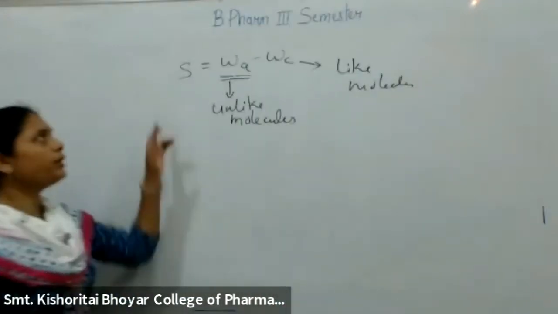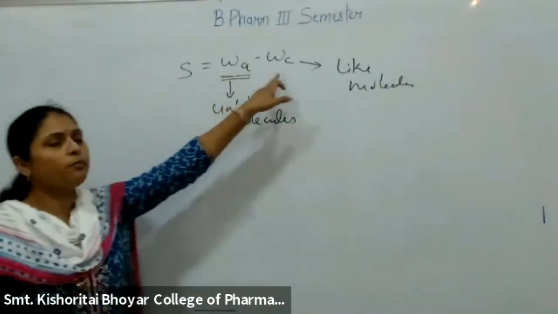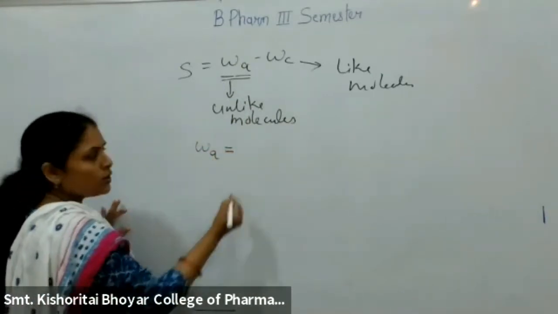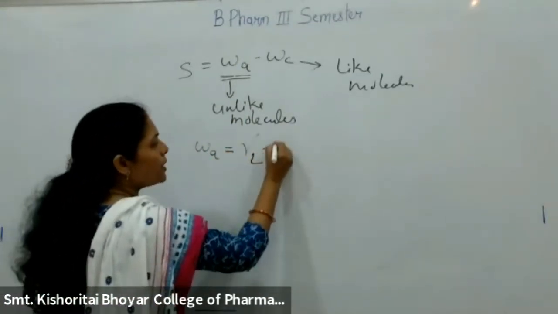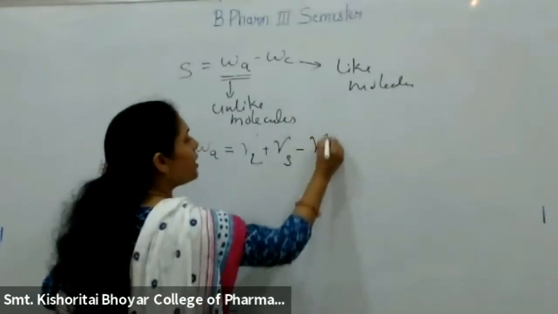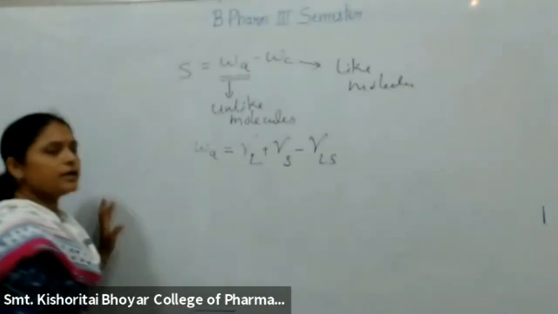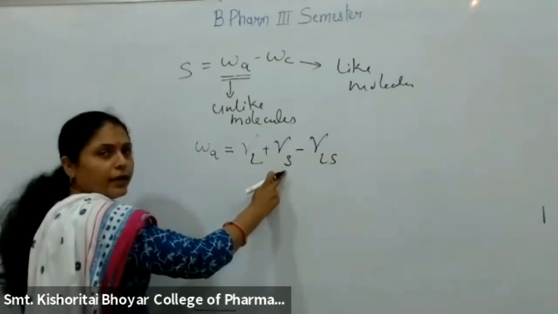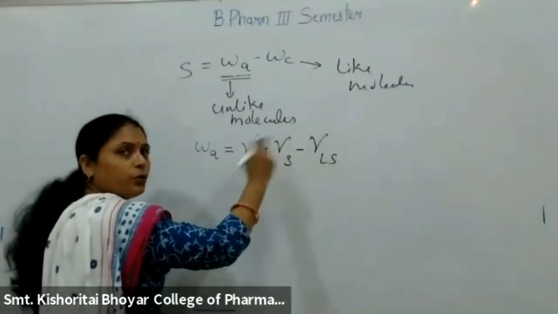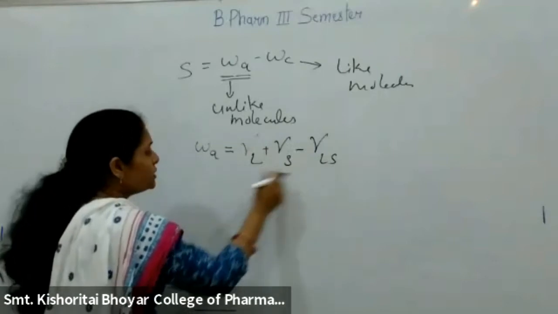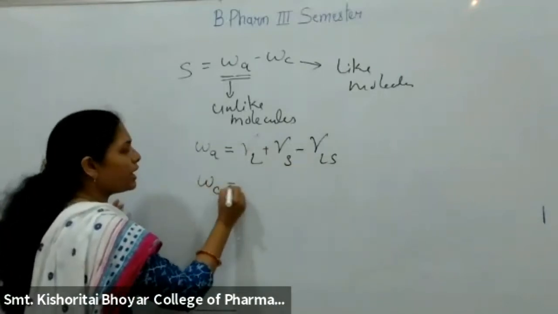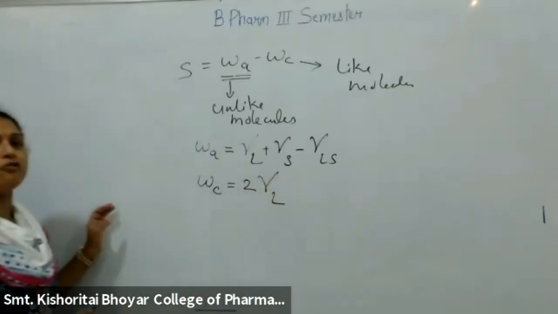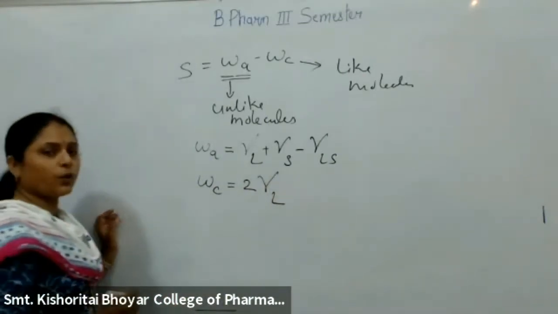And to derive this equation, S is equal to WA minus WC, we got WA equal to gamma L plus gamma S minus gamma LS, that is surface tension of spreading liquid plus surface tension of sublayer liquid minus interfacial tension between the two different liquids, and WC we derived as twice gamma L, twice the surface tension of spreading liquid.